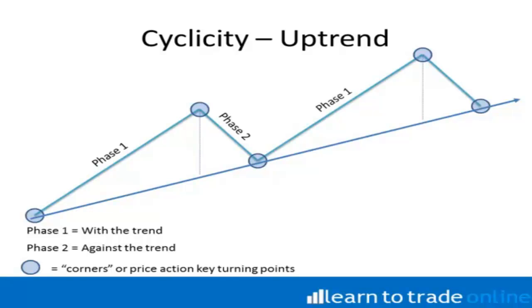These little circles are just highlighted at the end of those phase 1 and phase 2s. They're key turning points, or key reversal points. They're price action patterns that we're going to be looking at a little bit later on in this webinar.